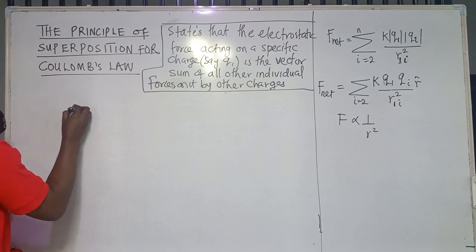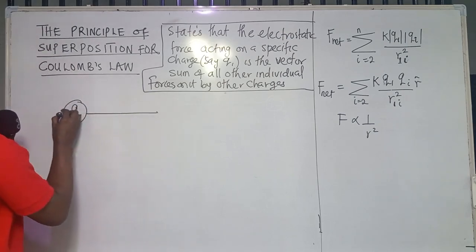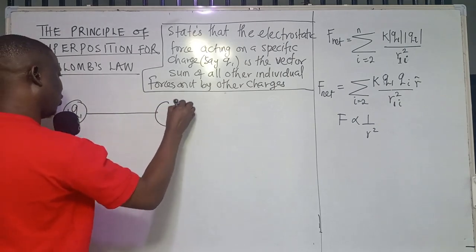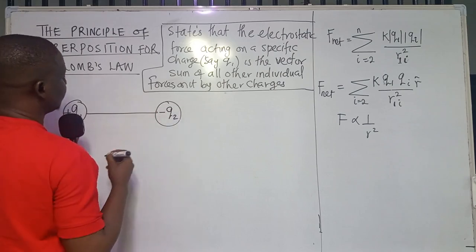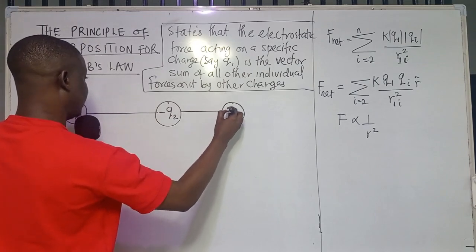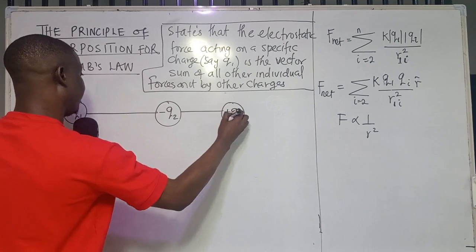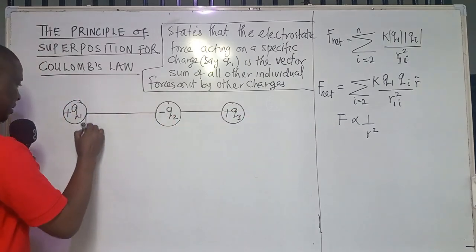Now let's say Q1, this is positive Q1. Let's have a negative Q2. Then let's say we have a positive Q3. Now this is negative, don't forget. Can be positive.